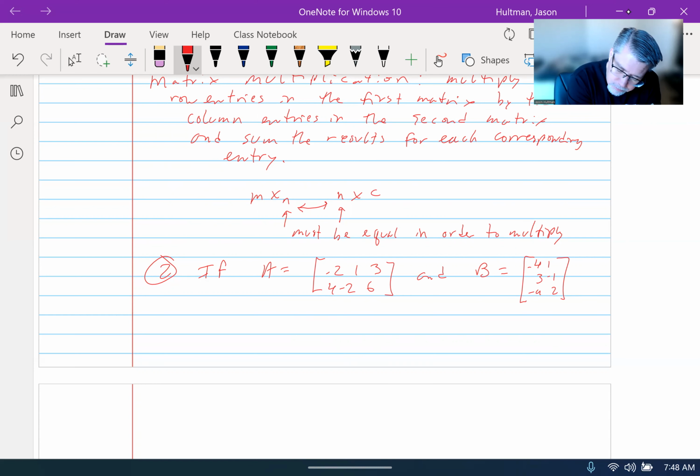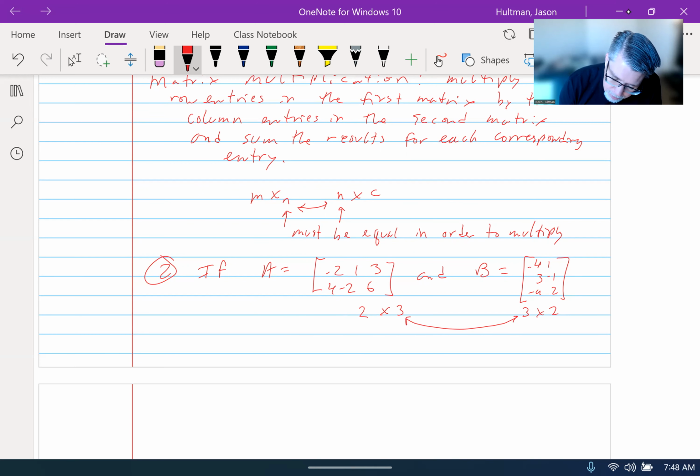Okay. And notice what the dimensions are on my matrices. This is a 2-row by 3-column. This is a 3-row by 2-column. And do these threes match up? Yes, they do. Okay, so I can multiply.